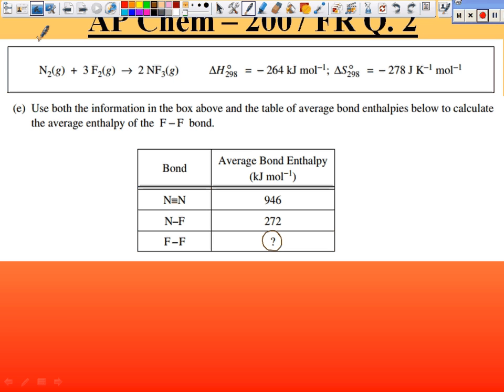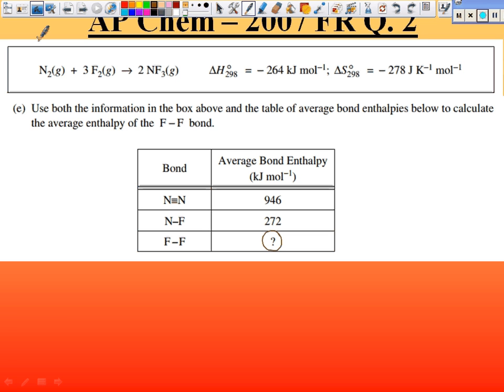Okay, the triple bond is the first reason. If this were karate class, what would you need more energy to break through? Three boards or one board? Three. Well, that's automatically the case. But then there's one other reason. If it were an NN single bond, it would actually be less than NF.